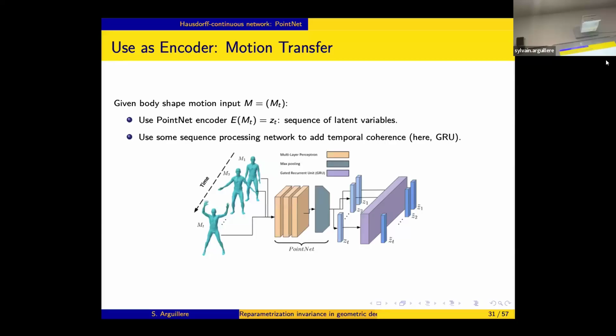The field is on the surface on which you want to transfer the motion. The PointNet is eating a point cloud, so there's no local information. Maybe if you look deep inside the latent space, you can find some sort of local information, but there's no obvious local information on this.